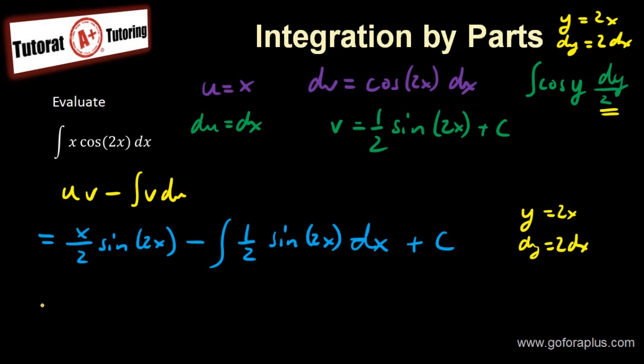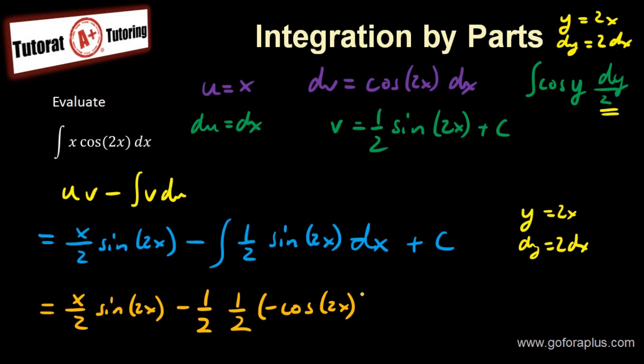So in this case, I know that my answer is going to be x over 2 sine 2x minus 1/2. Okay, I take out the 1/2. Integral of sine 2x dx, which is 1/2 minus cos of 2x plus c. Okay, so this is basically my answer.